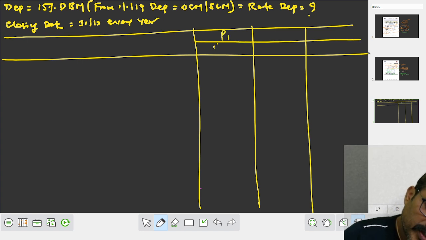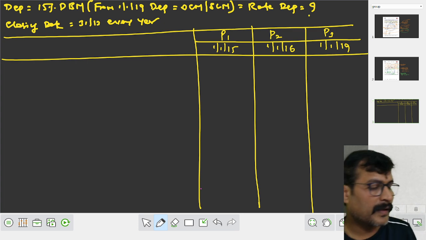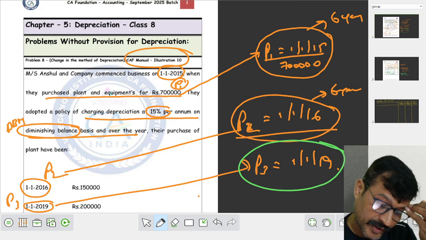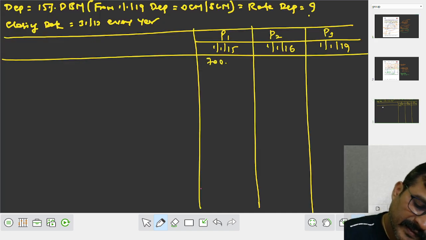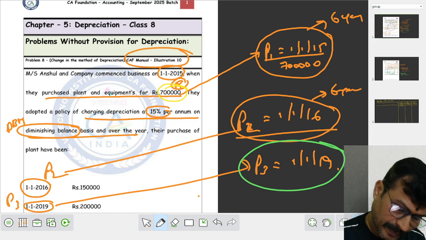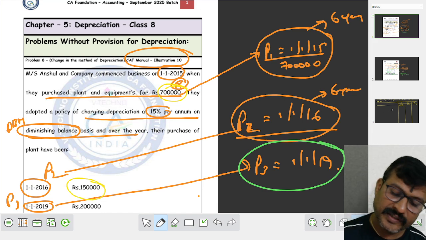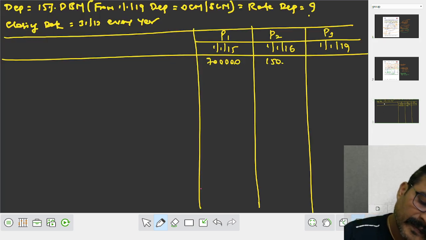Plant 1 is purchased on 1st January 15. Plant 2 is purchased on 1st January 16. Plant 3 is purchased on 1st January 19. Plant 1 is purchased for how much? Plant 1 is purchased for an amount of 7 lakh. Plant 2 is purchased on January 16 for 1.5 lakh.